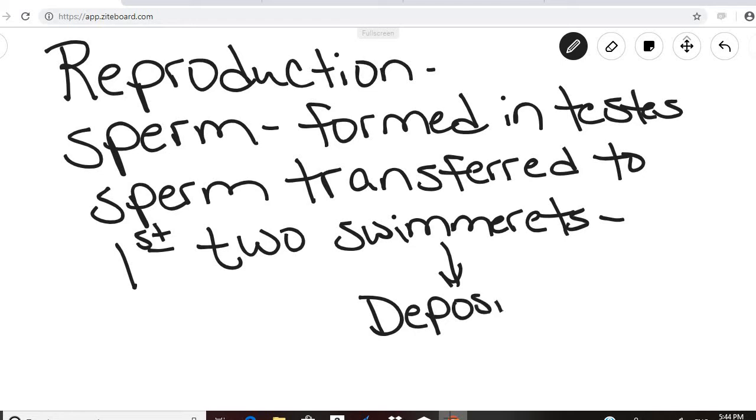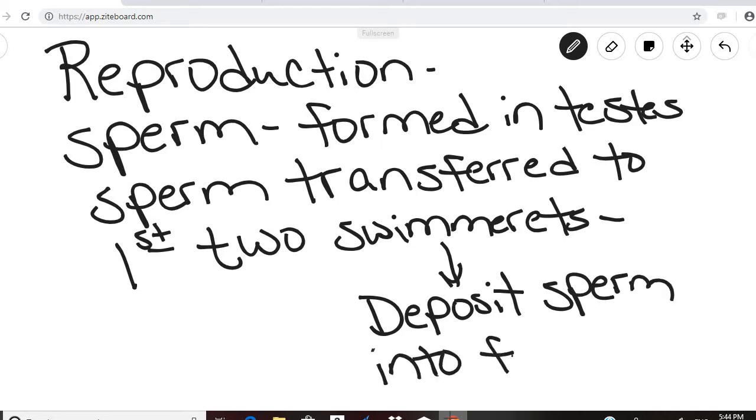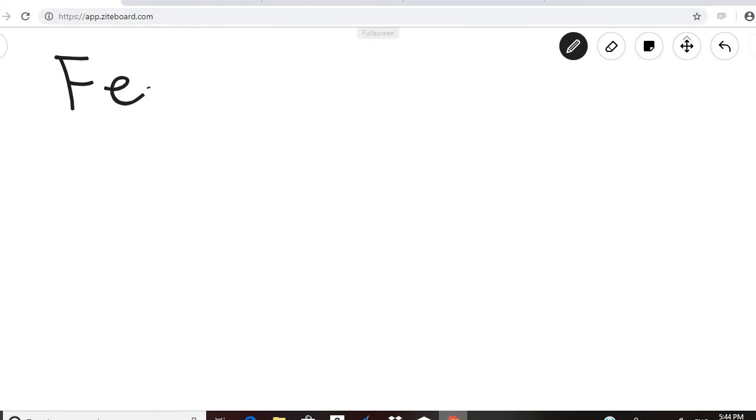And this usually takes place in the fall of the year. So the male deposits the sperm into the female using the swimmerets, and then the female will store those sperm until spring.